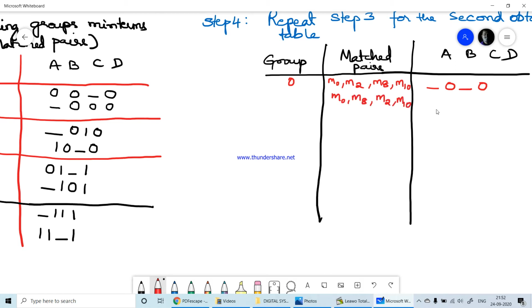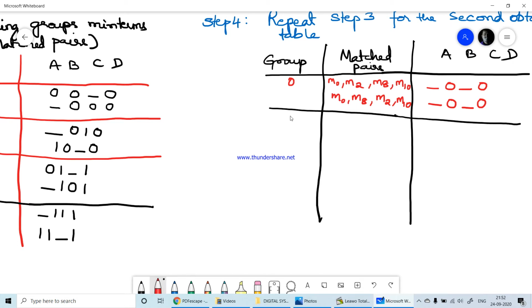So I will again get dash 0 dash 0. See, can you see here, 0 2 8 10 minterms, 0 8 2 10? They both have the same minterms but in a different order. Therefore the bit sequences you write with the eliminated bit or dash should be the same. So this is the first group we have, and then we'll go with the second group.